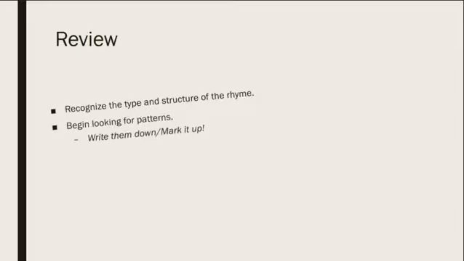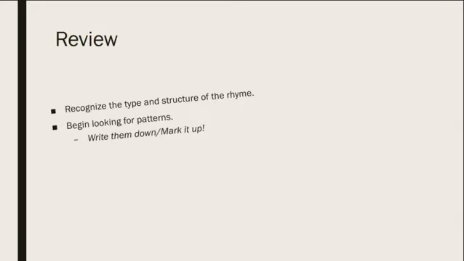So to review, we want to first recognize the type and structure of the rhyme. So again, is it happening at the end of the line? Is it happening in the middle of the line? The other thing that we need to look at is, is it near rhyme? Is it perfect rhyme? We want to figure out what type of rhyme is being used because that's going to affect our rhyme scheme. Once we do that, we can begin looking for the patterns.